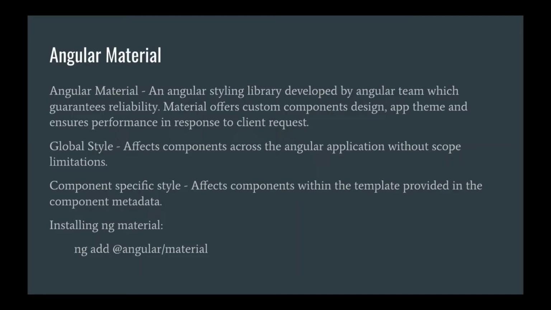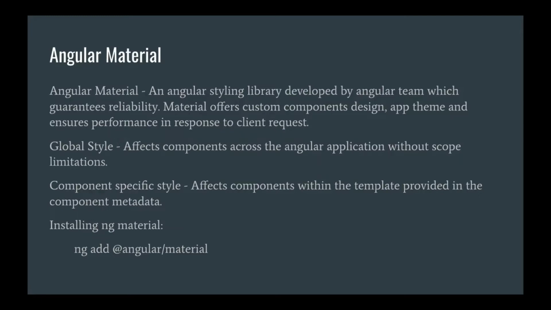Angular Material is an Angular styling library developed by the Angular team. It guarantees reliability, and Material offers custom components, design, app theme, and ensures performance in response to client requests. So this is like super quick DOM responses, so your application can load quicker and the user experience can be much more enhanced. So when it comes to styling on an Angular application, you have a global style and you have a component-specific style.